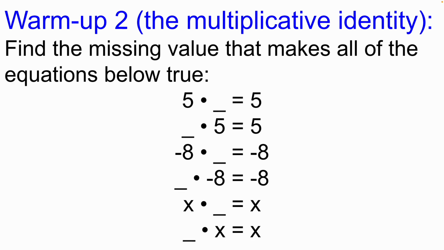And what you should see is that 5 times 1 equals 5, 1 times 5 equals 5, negative 8 times 1 equals negative 8, 1 times negative 8 equals negative 8, x times 1 equals x, and 1 times x equals x.